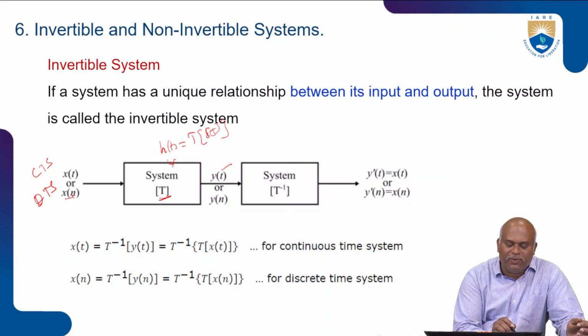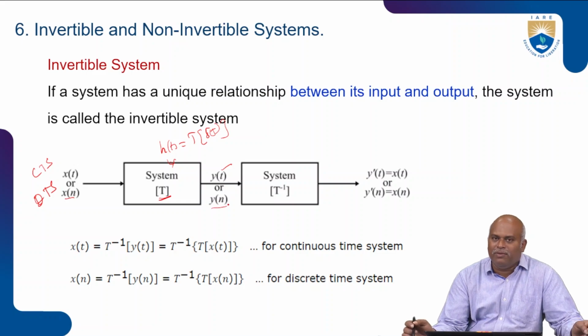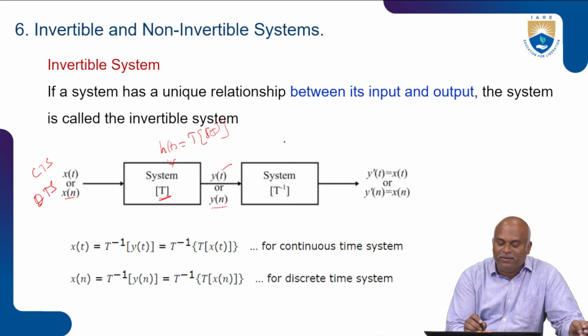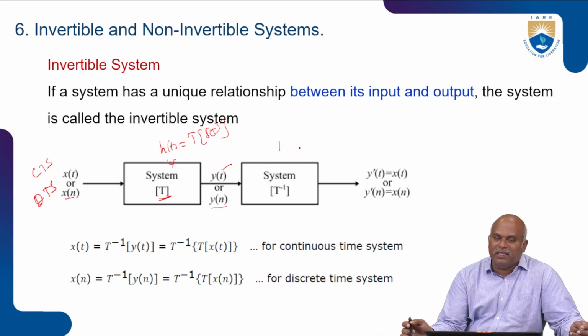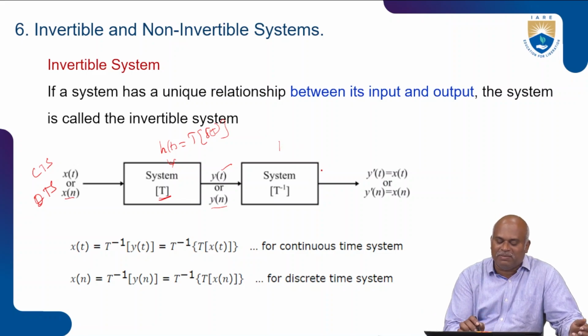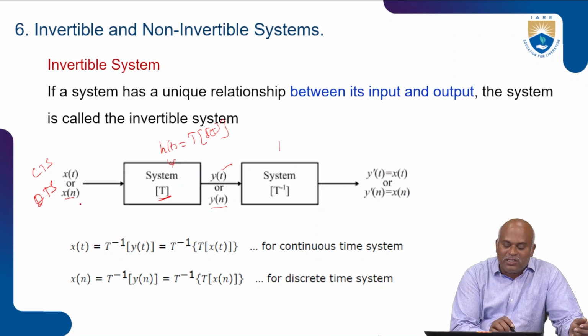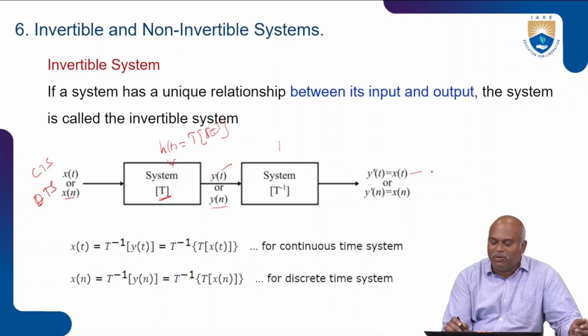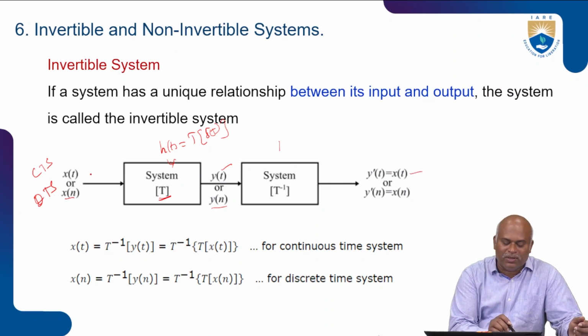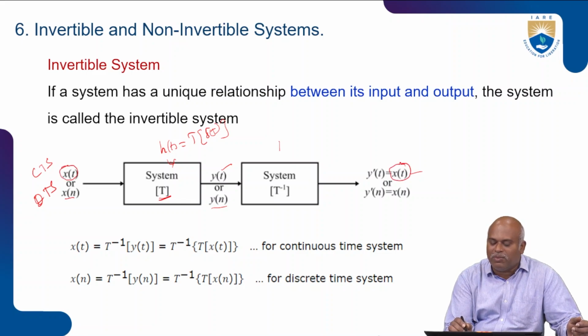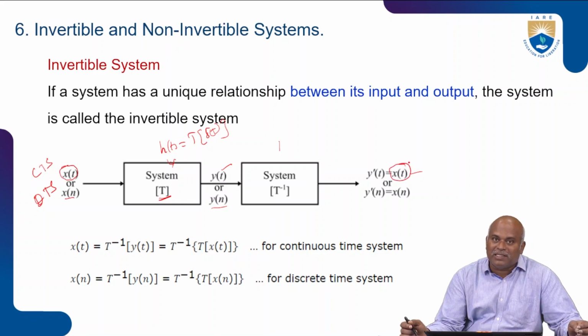If you give x of n, it produces y of n. Then again, I use the inverse of this system, which is called the invertible. It is going to produce the same output as the input that we gave. This kind of system is called an invertible system.